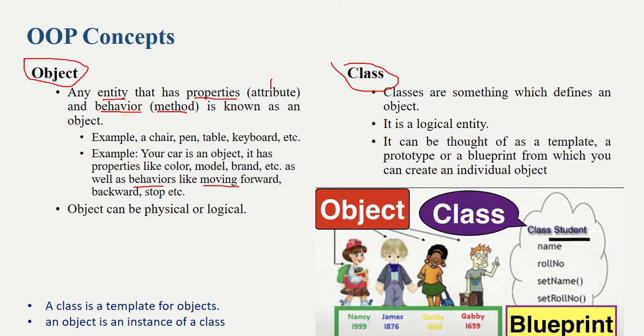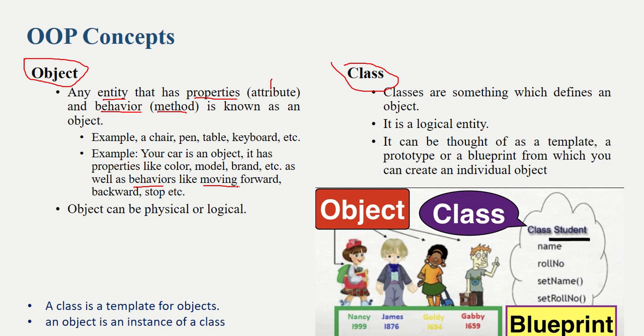The object could be a physical thing that really exists in real life, or it could be logical. Now, the class is a template that defines the object. Say we have an object with a color and a model and a behavior called moving forward or moving backward.